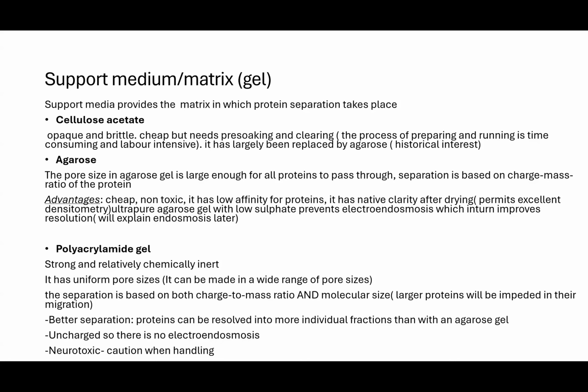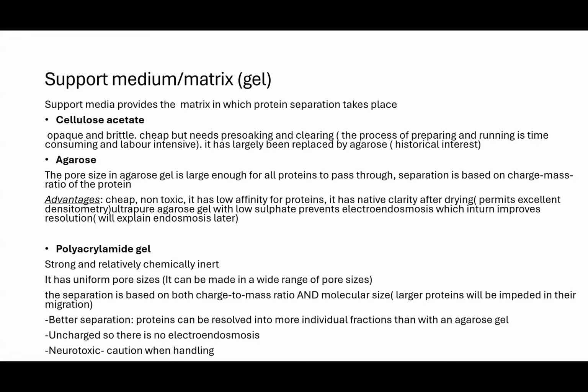But fortunately, we have purification methods, not recent actually, that enable us to prevent this electroendosmosis flow, which in turn improves the resolution. So basically what I'm trying to say is that electroendosmosis flow used to be a problem, especially with low quality agarose gel, but fortunately that's not a problem anymore.